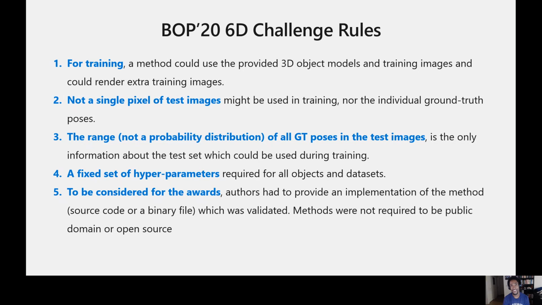Number 4 is one that I understand why it is a rule, because it would make it very difficult to have a more standard evaluation otherwise, but it's something I'm looking forward to tuning on my own. It is that you have to have a fixed set of hyperparameters, especially when you're doing your training and eval for all of the objects and data sets.